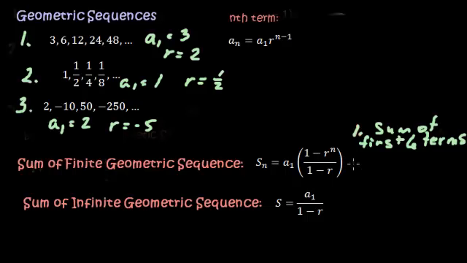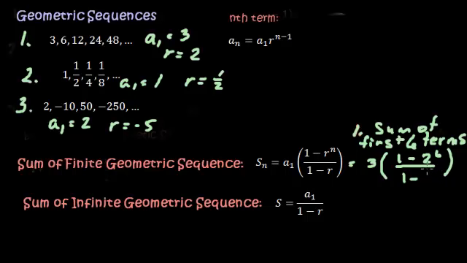I know what my a sub 1 is. I'm looking at sequence number 1 here. A sub 1 is 3, so I've got that out to the side. I do 1 minus my ratio r, that would be 2, raised to the 6. My n, if they say first 6 terms, that's what your n is. All over 1 minus my r, and my r is 2.